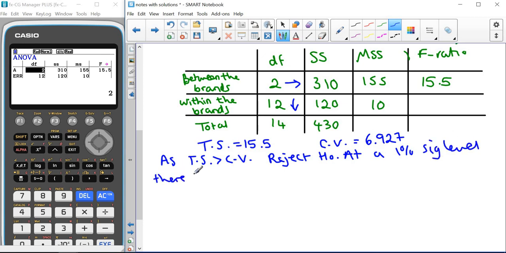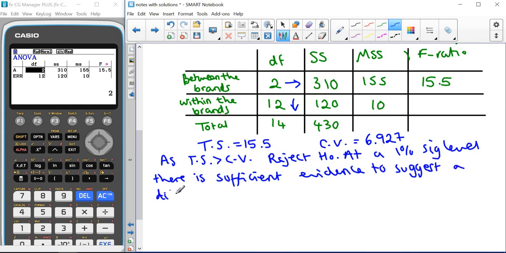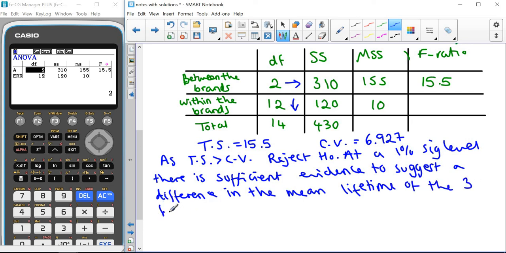There is sufficient evidence to suggest a difference in the mean lifetime of the 3 brands.